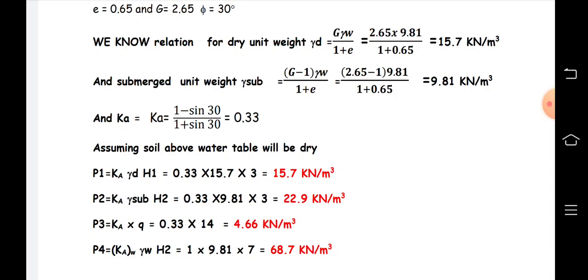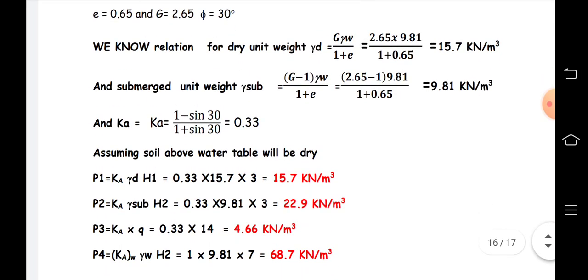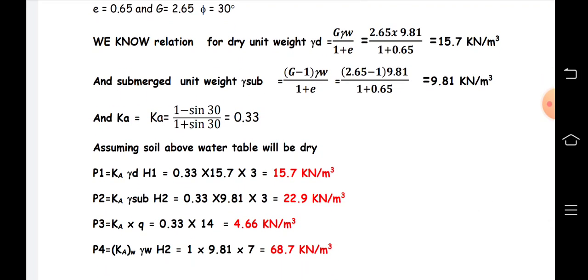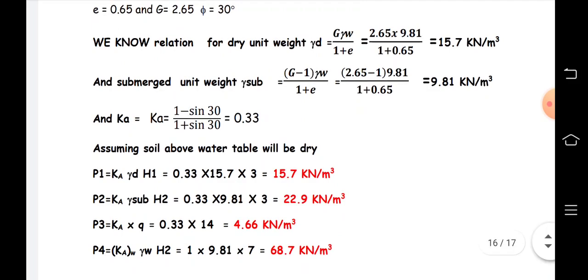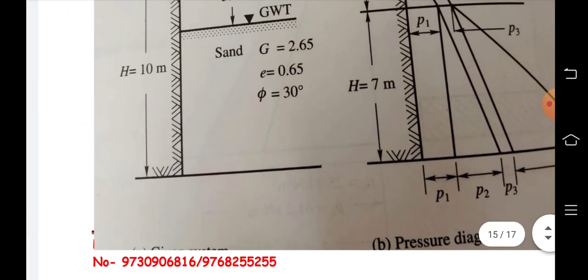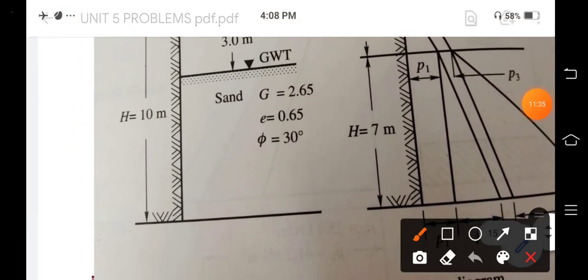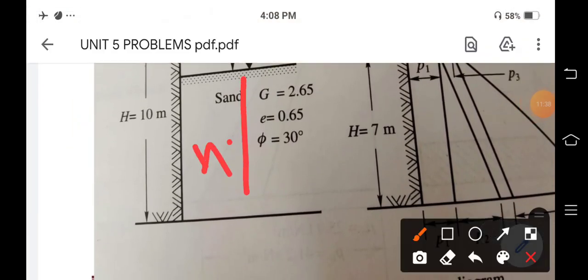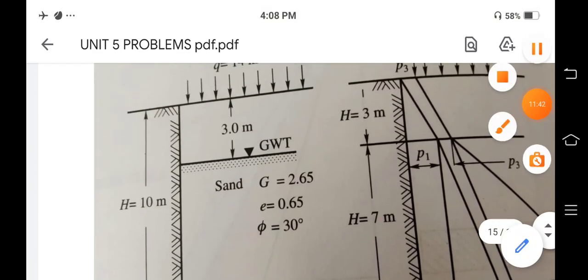Then calculate the second pressure at the base. So, Ka into gamma submerged, because for the second case we have to calculate the value for submerged unit weight. H2 is the height at this level. H2 means 7, and above that is H1.